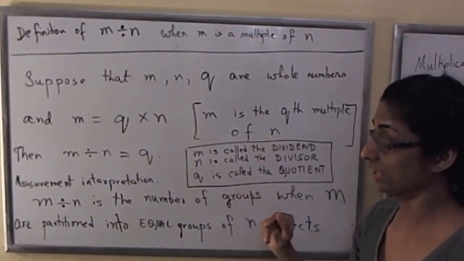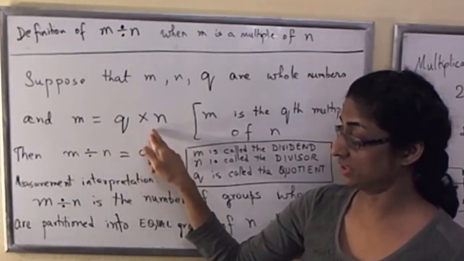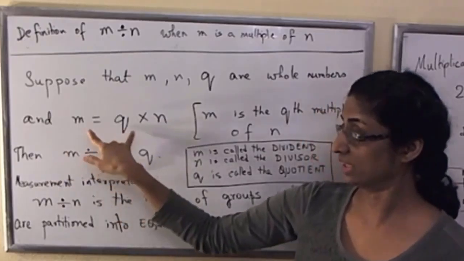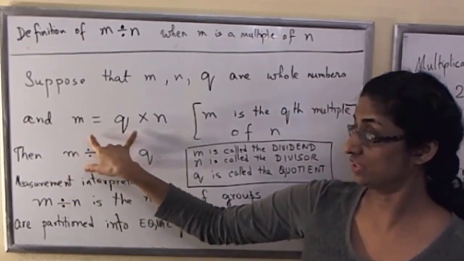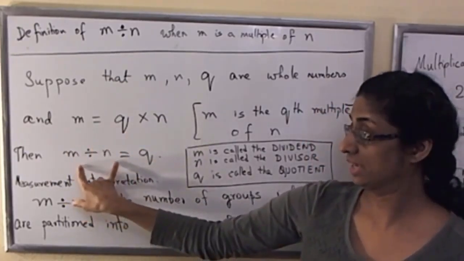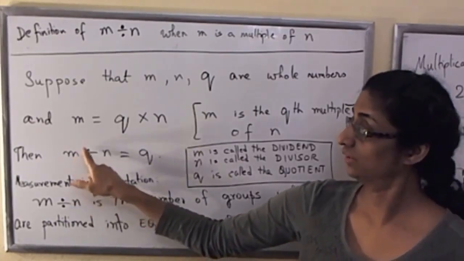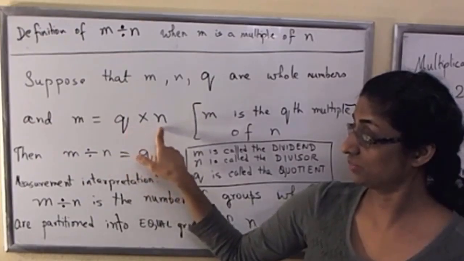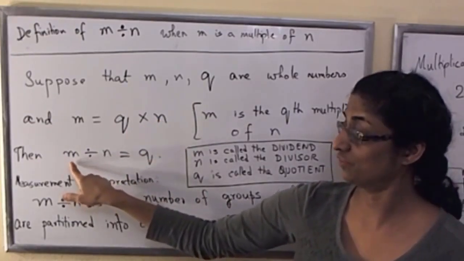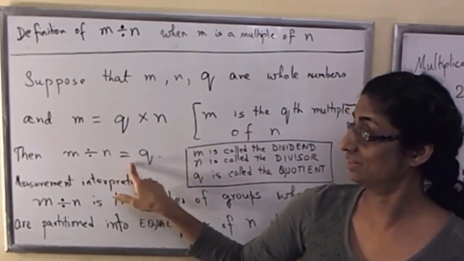They all mean the same thing. When that is the situation, then by definition we can rewrite this multiplicative statement as a division statement using this division sign. So whenever m equals q times n, by definition, m divided by n is q.